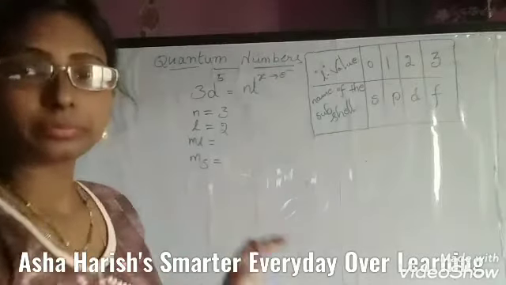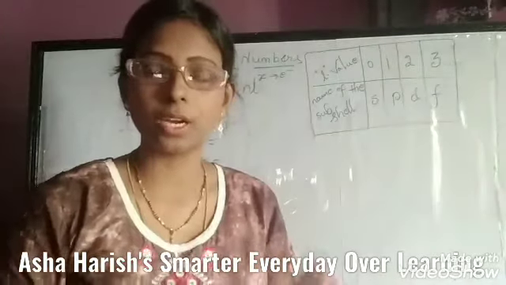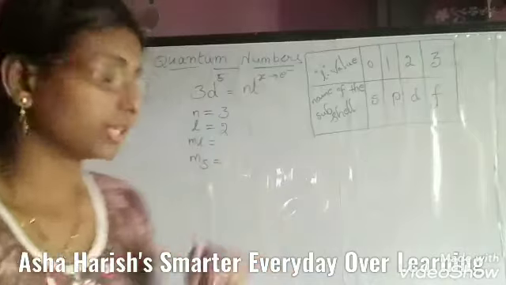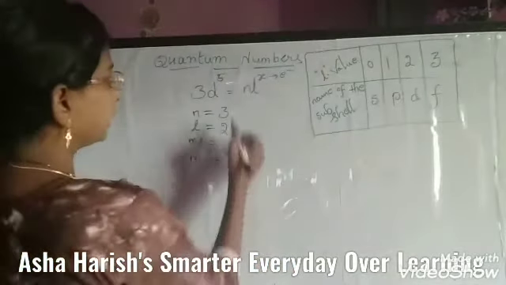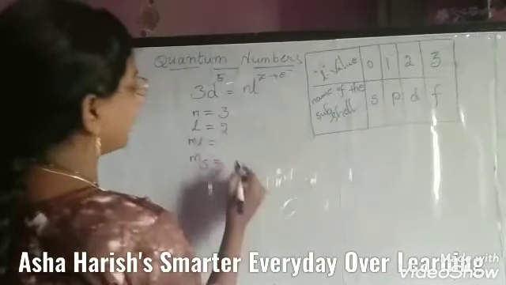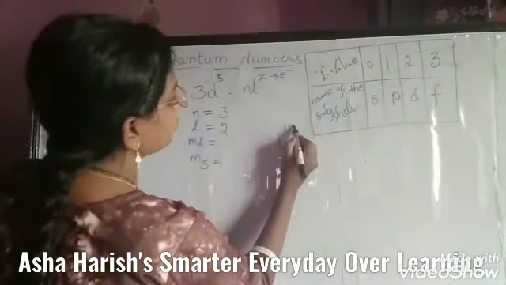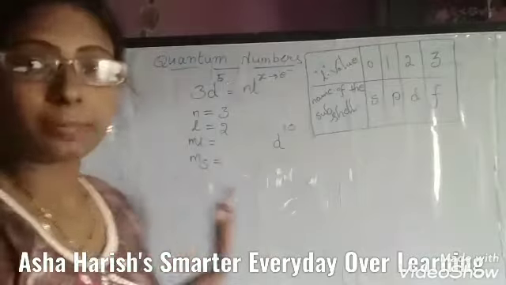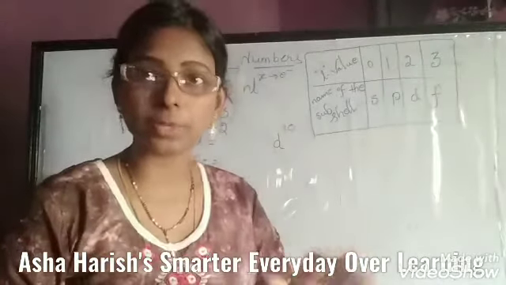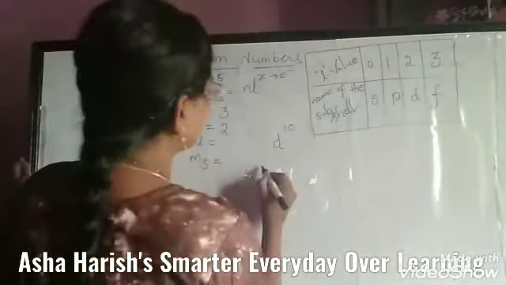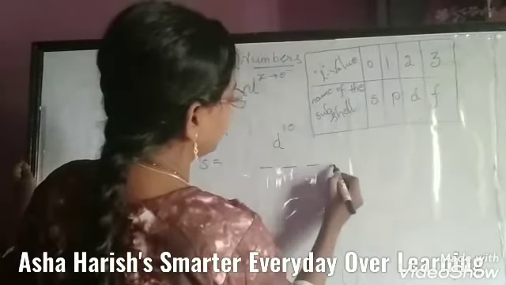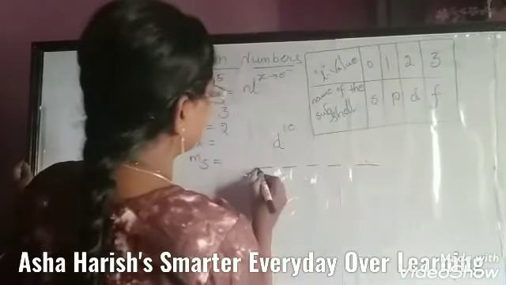Okay students? For the third quantum number, that is ml, the d subshell has 10 electrons students. That means how many orbitals must it contain? That is 1, 2, 3, 4, 5 orbitals. Why?